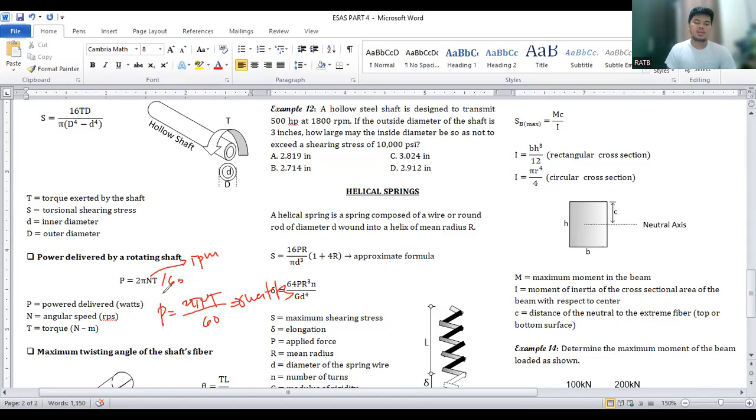Without the 60, we'll just have to correct this one.